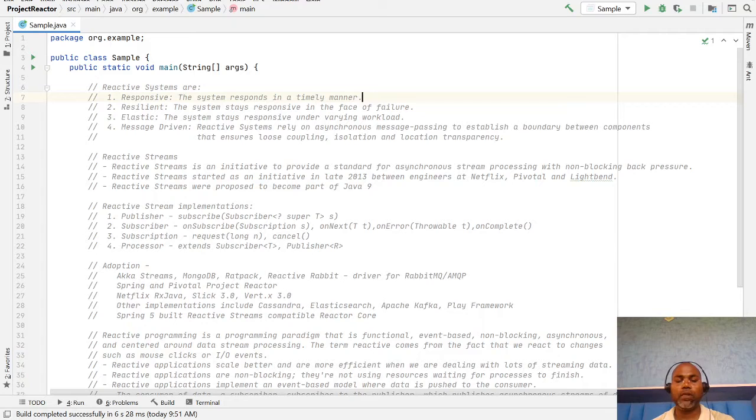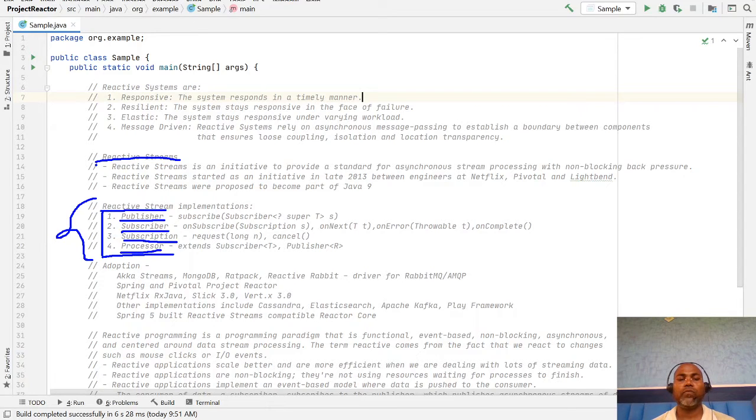As per the reactive stream specification, they provide a minimum of only four interfaces. The first interface is Publisher, then Subscriber, Subscription, and Processor.